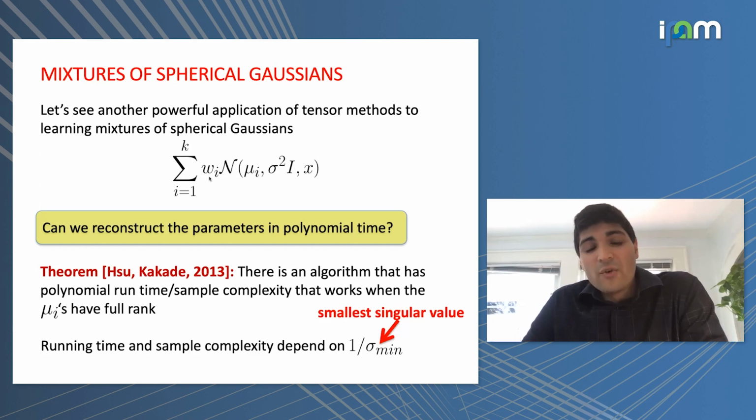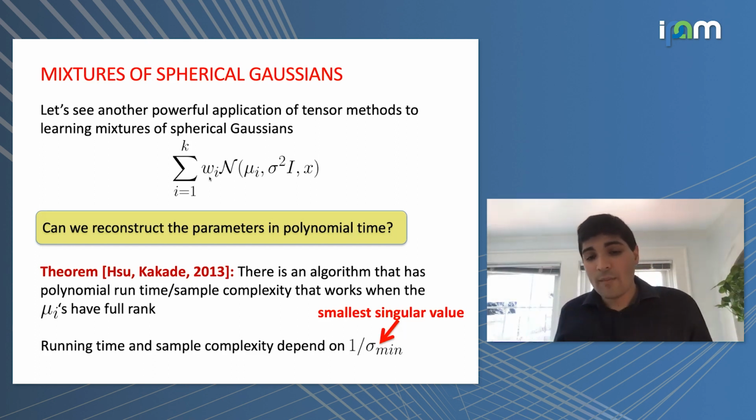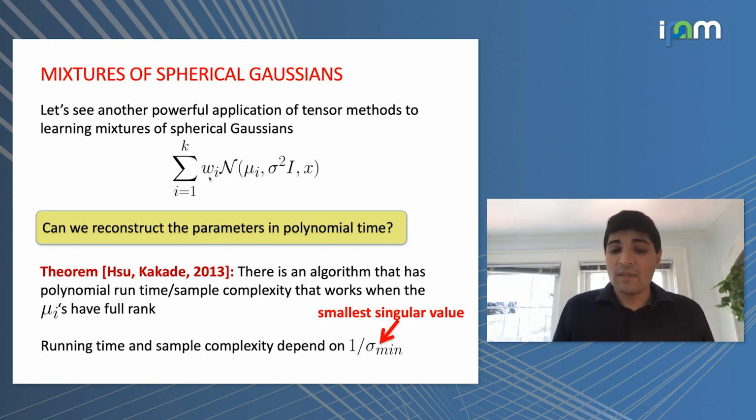So the real version of this is you need a lower bound on the mixing weights, and some sort of lower bound on the smallest singular value of the matrix that you get from collecting the centers for the different components. But the running time and sample complexity are polynomial in all of the natural parameters of this problem.